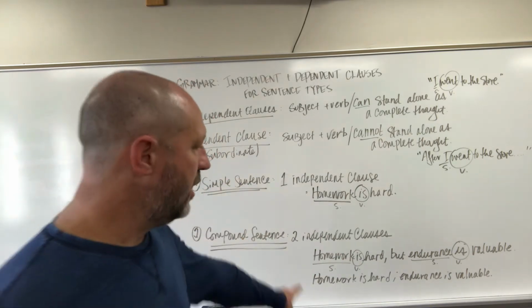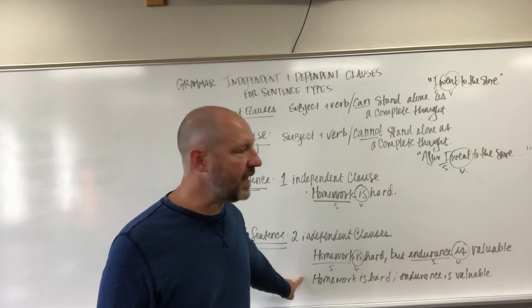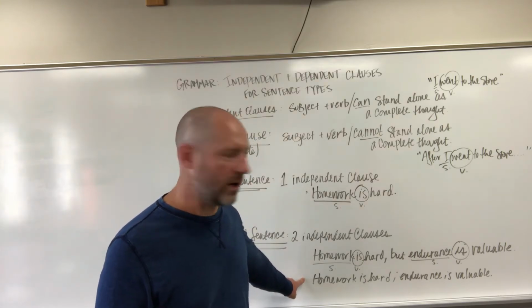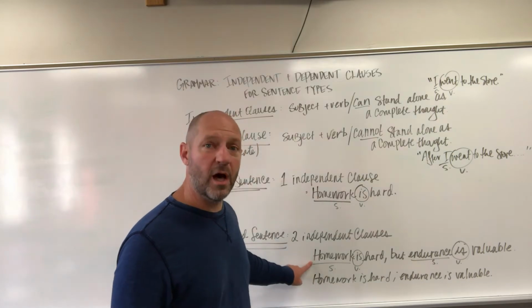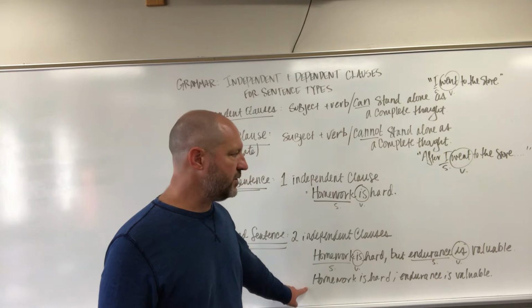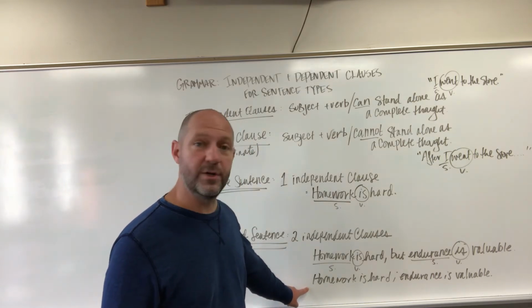You cannot put these two together with just a comma. You can't do it. That is a no, no, no, no. All right? Homework is hard, comma, conjunction, and then endurance is valuable, or homework is hard, semicolon, endurance is valuable.